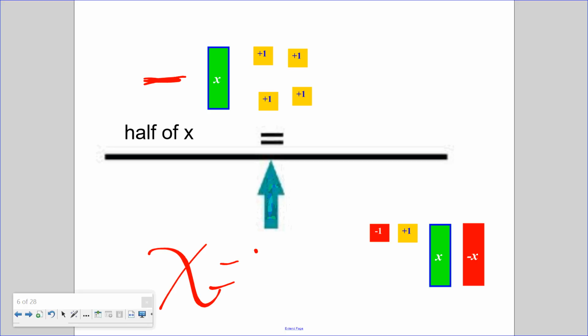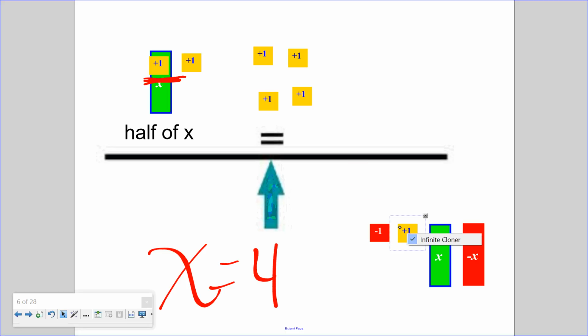So x equals 4. So half of x equals 2. A full x will have to be 4. To check your work, replace half of an x with 2. So x equals 4, and they're equivalent.